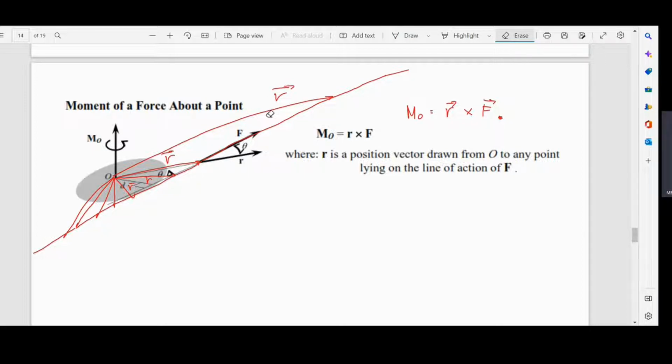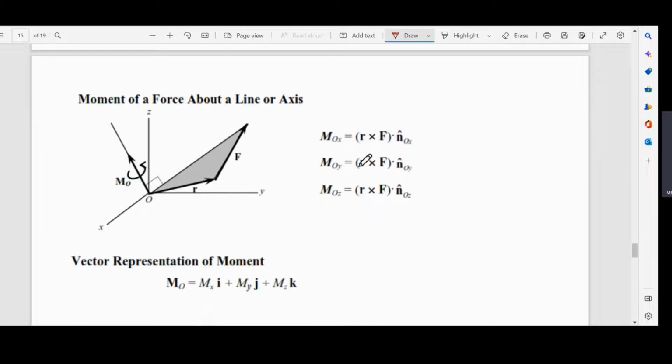So, yung ating position vector R is anywhere along the line of action of our force F. Okay. So, pwedeng magkaiba-iba yung pagkuha natin ng position or value ng position vector R. Okay, so that is the moment of a force about a point O. It is just equal to the position vector cross product of the Cartesian vector form of our force F.